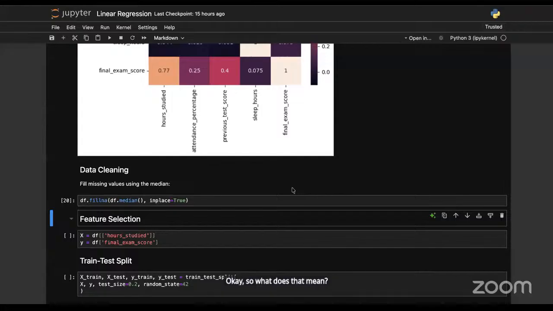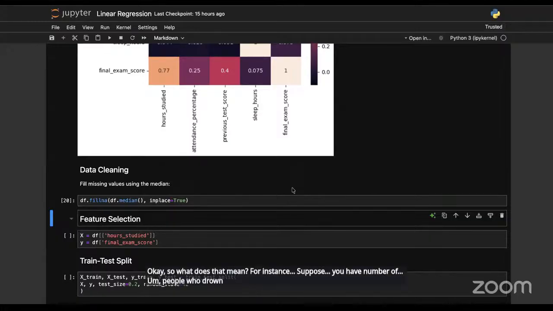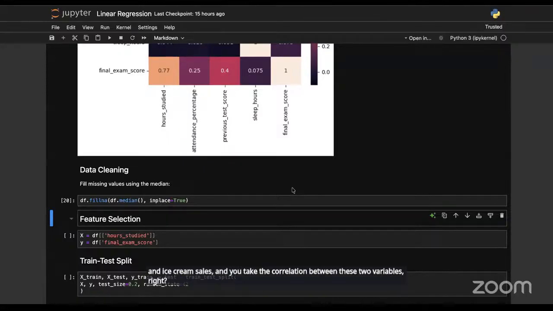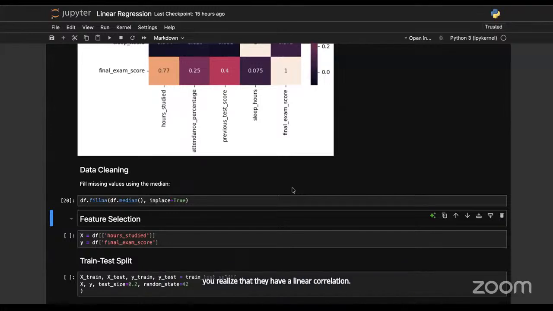For instance, suppose you have the number of people who drowned and ice cream sales, and you check the correlation between these two variables. You realize that they have a linear correlation, as there are high numbers of drownings and high numbers of ice cream sales.